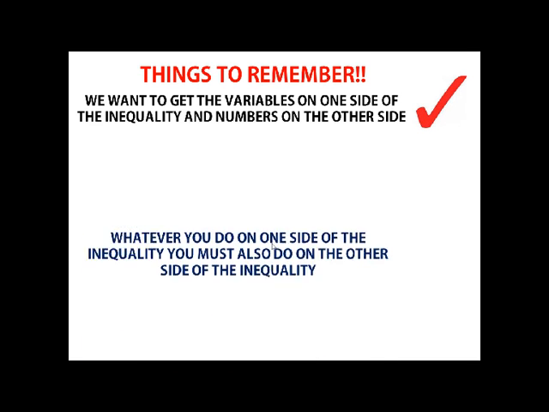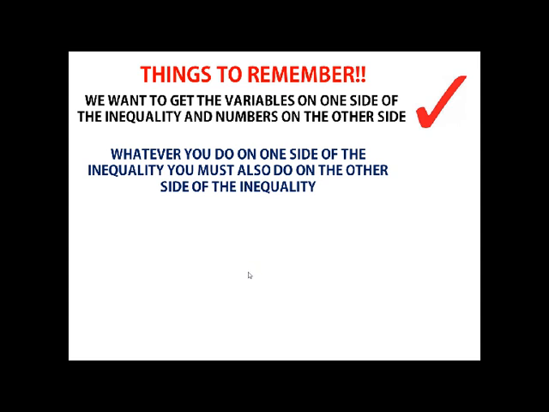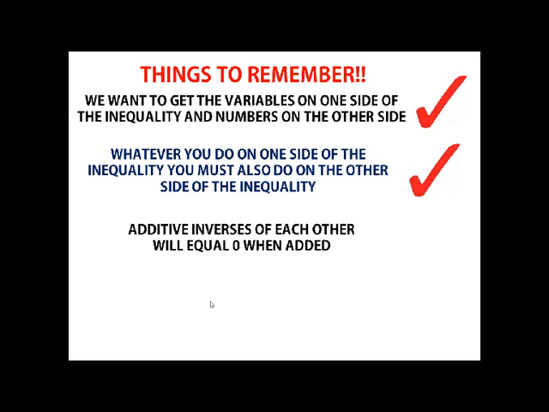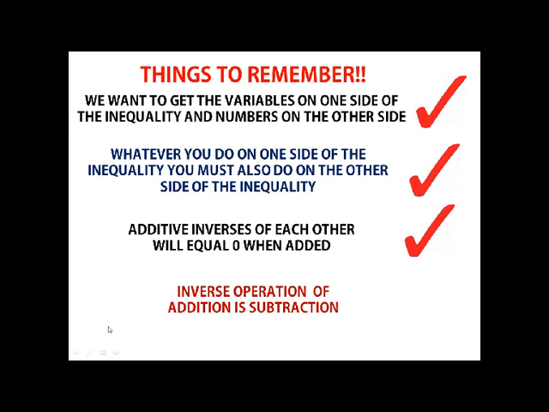And also, very important in algebra, whatever you do on one side of the inequality, you must do on the other side. And you must also remember that additive inverses of each other will equal 0 when added. The inverse operation of addition is subtraction, and the inverse operation of subtraction is addition.